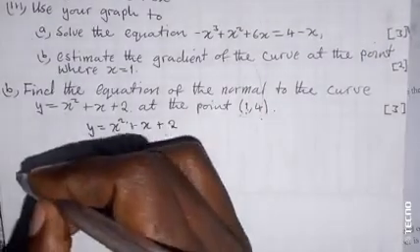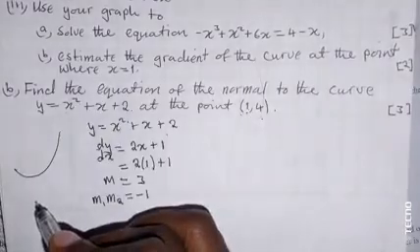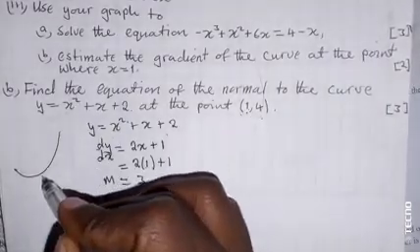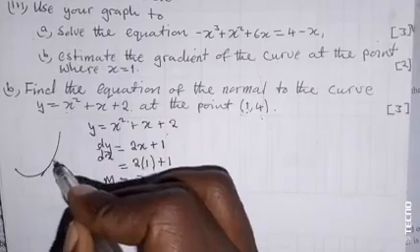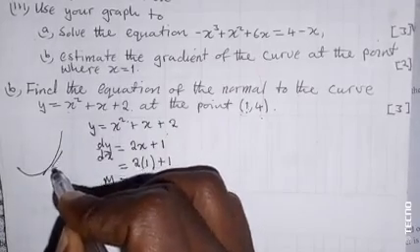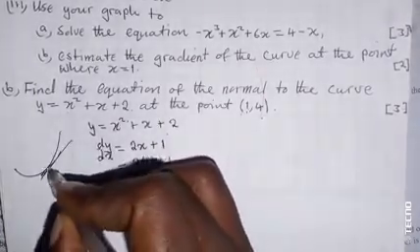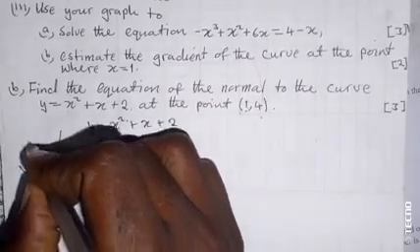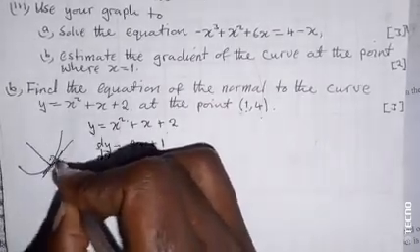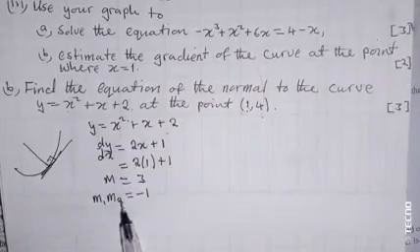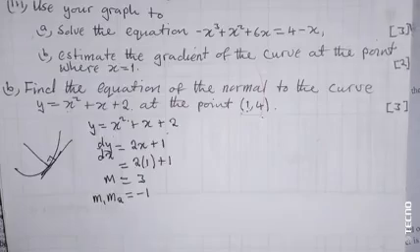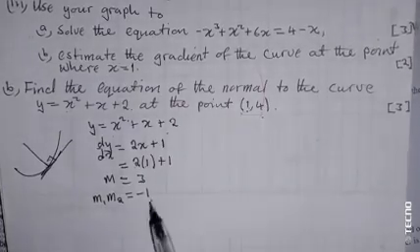If I told you this is the equation of the curve, then you also have the tangent at this point, then the normal will come like this, making 90 degrees at this point.